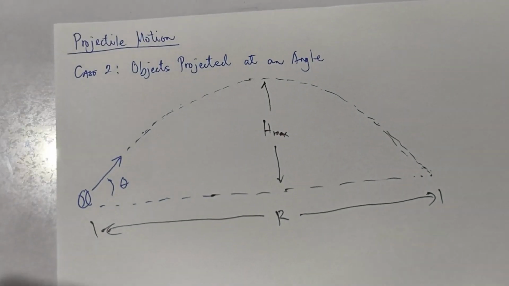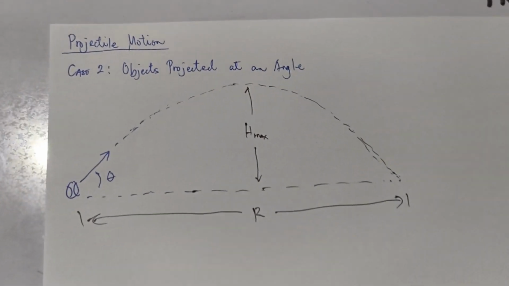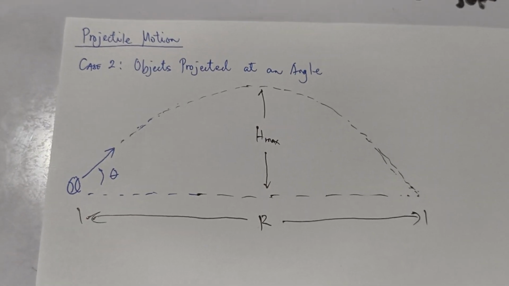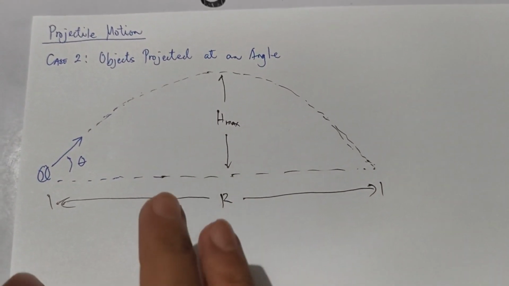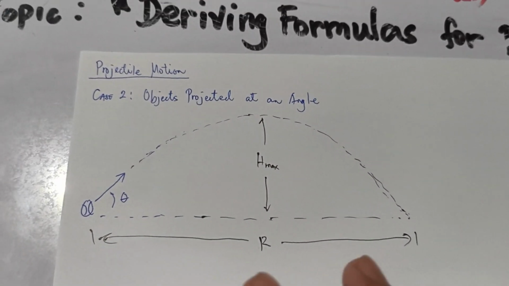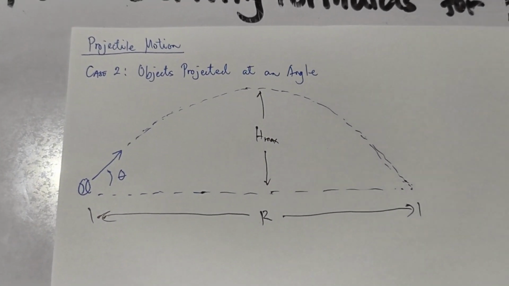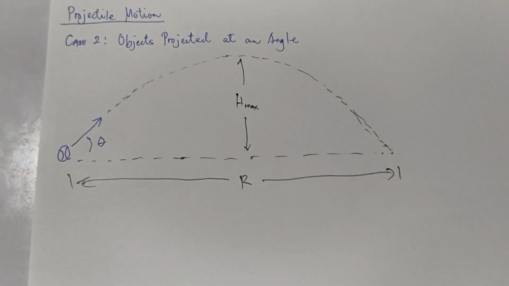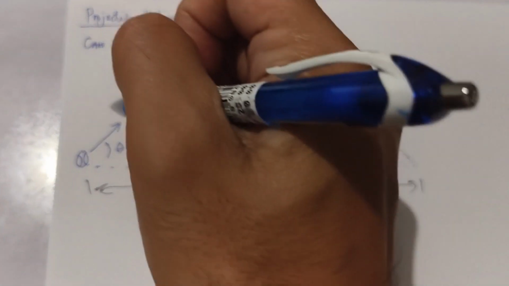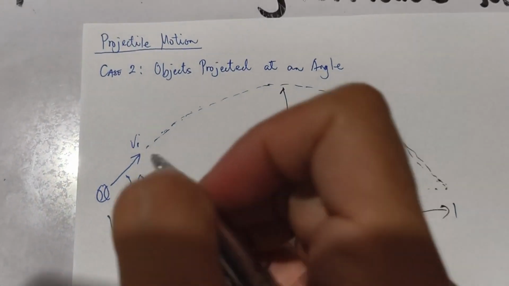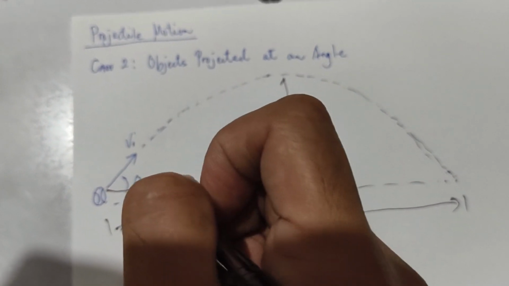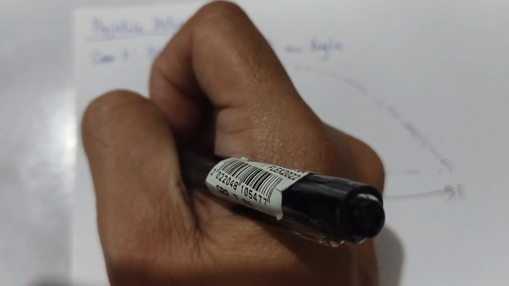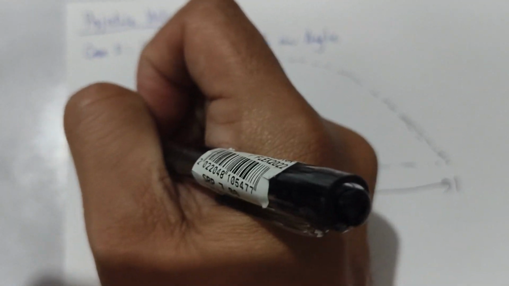Okay, now let's take a look. Again, may I remind you that in analyzing projectile motion, you have to analyze separately the horizontal and the vertical motion of the object. So in this case, since we are given here the initial velocity, Vi, of course it has x component, Vx, and y component, Vy.